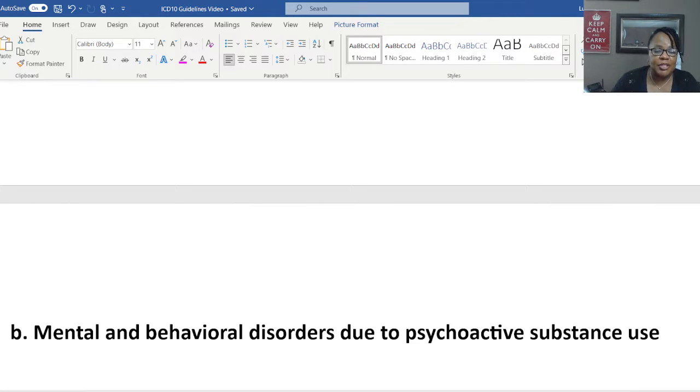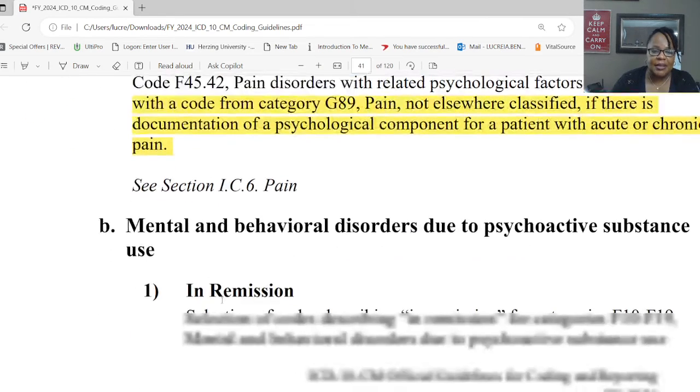All right, now we're down to B, mental and behavioral disorders due to psychoactive substance use. So now we're on substances.